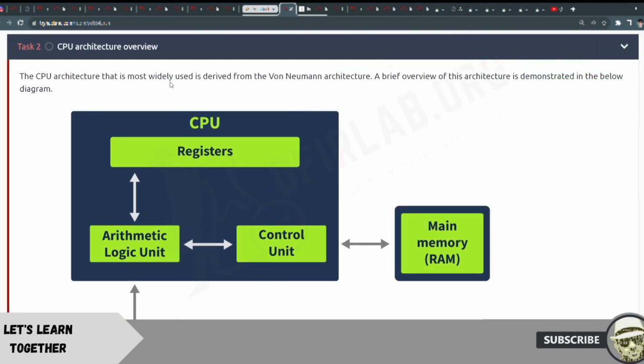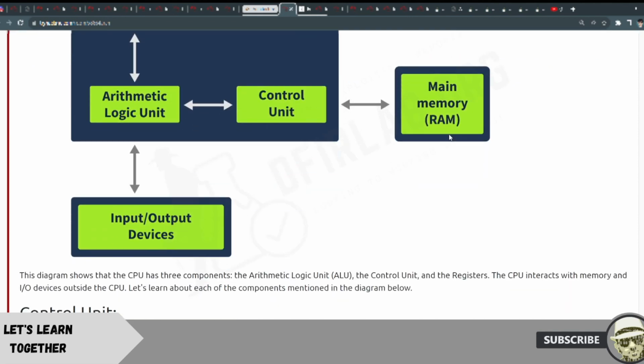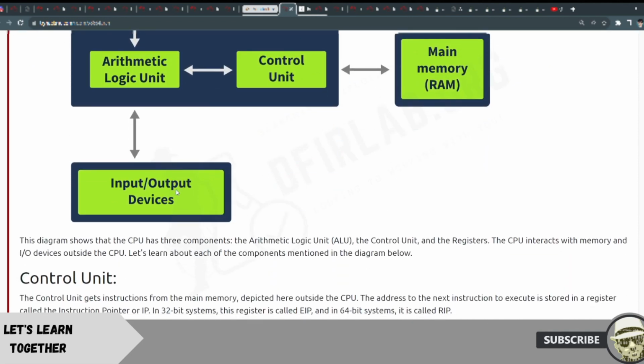The CPU architecture that is most widely used is the von Neumann architecture. A brief overview of the architecture is demonstrated in the diagram below. CPU registers, we have arithmetic logic unit, control unit, main memory, aka RAM, input-output devices.